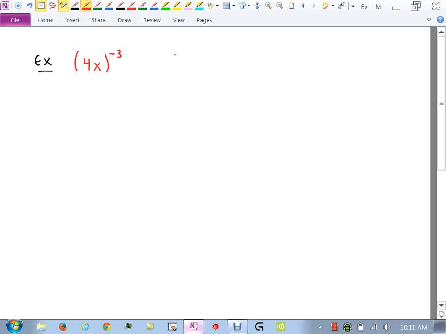Next to that, here's another one. How about negative 4x to the negative 3? Next to that, how about 4x to the negative 3, and how about next to that, negative 4x to the negative 3? Okay, all 4 of these problems are going to turn out to have different answers.